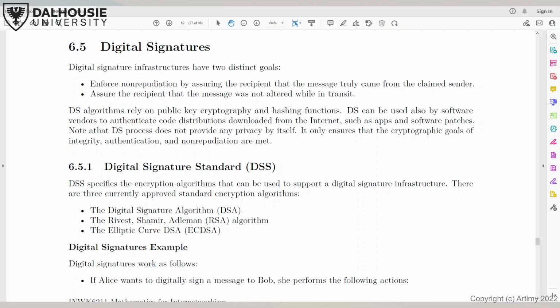Another goal for digital signatures is to identify the sender, so we know who it came from, right? And also we will have this goal of security, which is non-repudiation, by making sure that the sender does not later claim that they didn't send it, right?